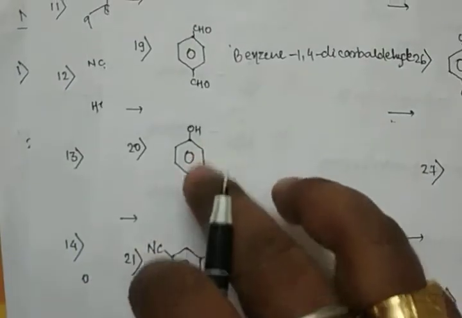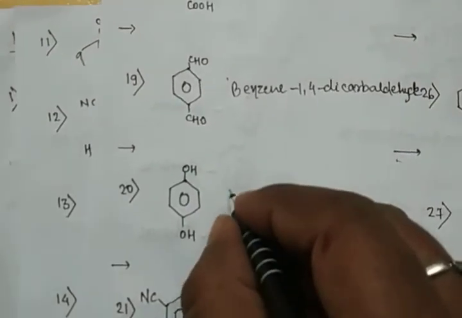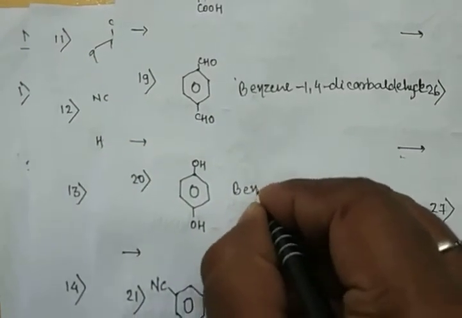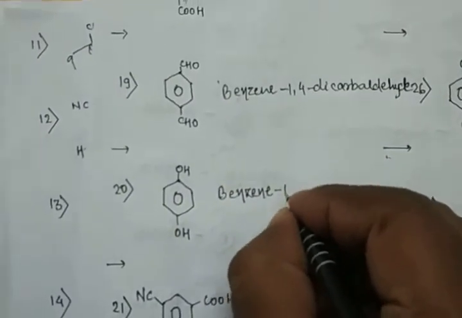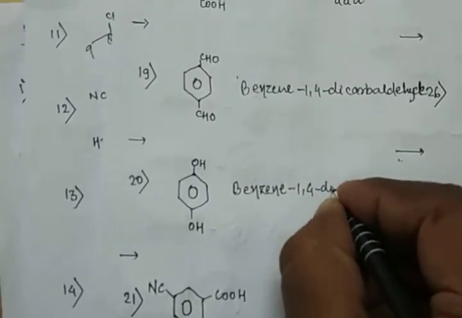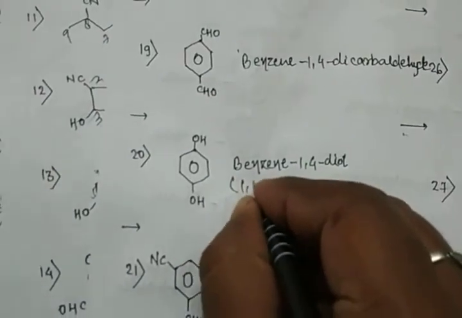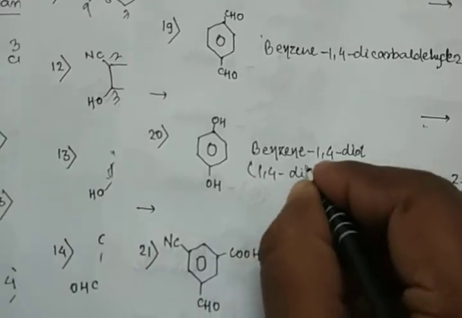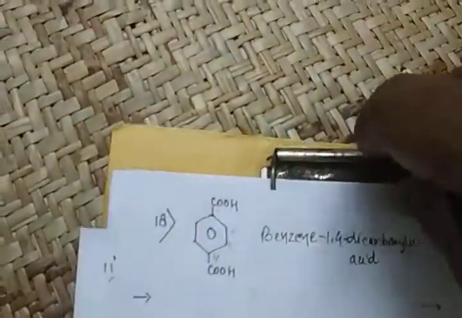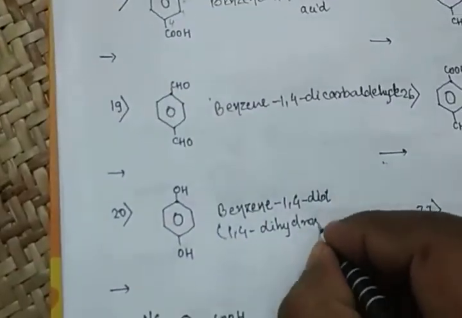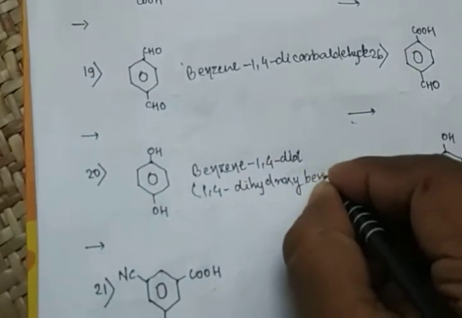Clear? Now suppose two OH groups are there. It means benzene-1,4-diol. Yes, diol. 1,4-dihydroxy, just wait. Dihydroxybenzene.